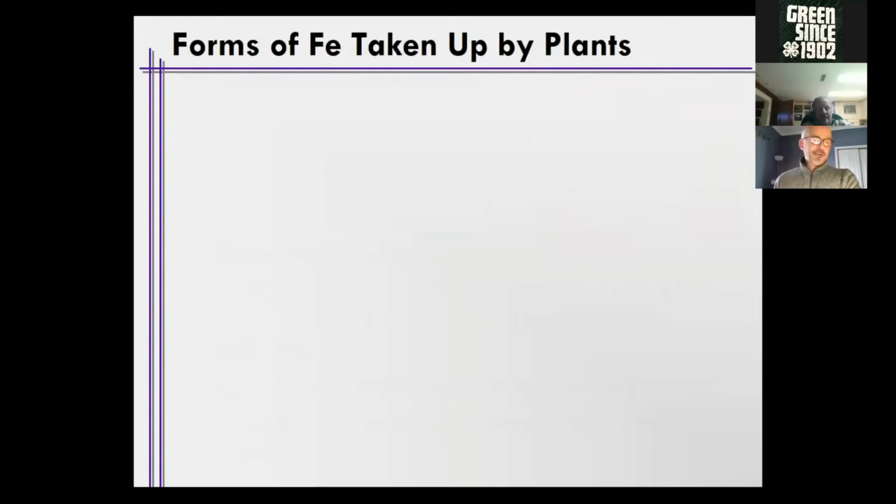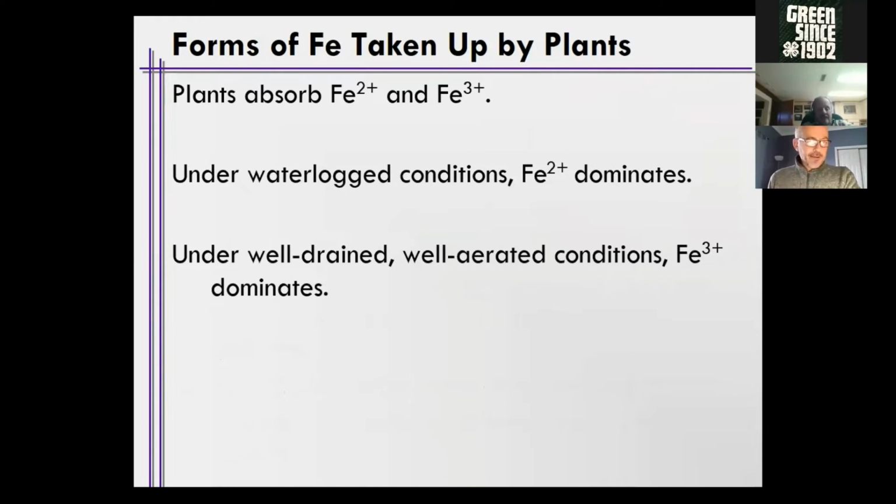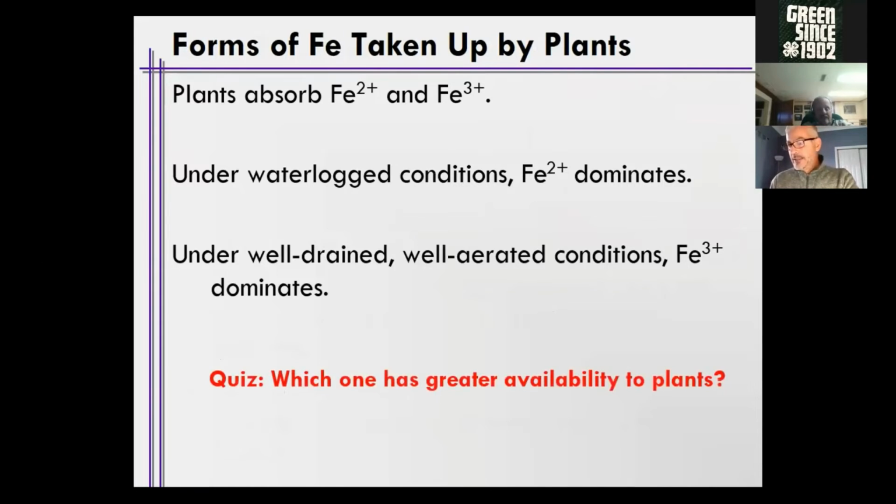The forms of iron that are taken up in plants, we sort of talked about this. They're taken up as iron 2+ or iron 3+. Most of our arable crops take up iron 3+. Under waterlogged conditions, iron 2+ dominates, and iron 3+ dominates under our normal, well-drained, aerated soils. I think I already answered this question earlier, but which one has greater availability to plants?